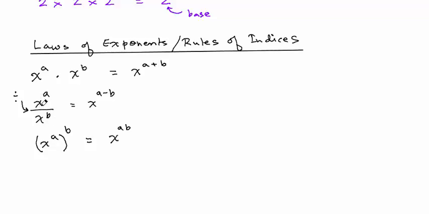So you cannot have 0 over 0, that's undefined. As long as x is not equal to 0, and if you set a equal to b, this is going to be equal to 1. Now, if you set a equal to b on this side, we have x raised to the a minus a, which is x raised to the 0. So here's an important derivation. x raised to the 0 is always going to be equal to 1 as long as x is not equal to 0.